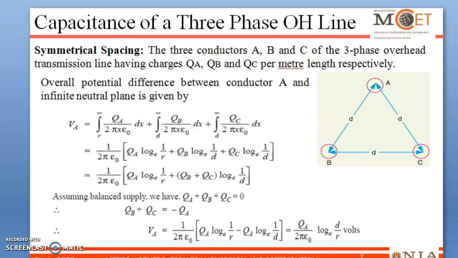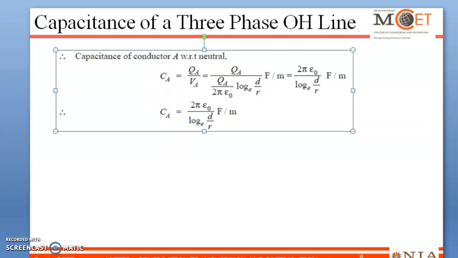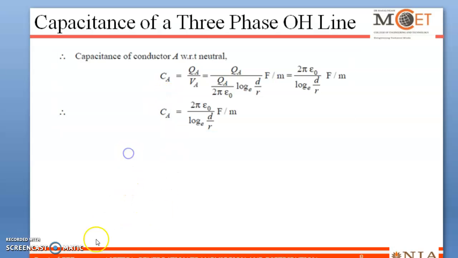Next, we calculate the capacitance of the three-phase overhead line. Capacitance is charge divided by potential difference. That is the basic formula of capacitance. The charge of conductor A is QA.